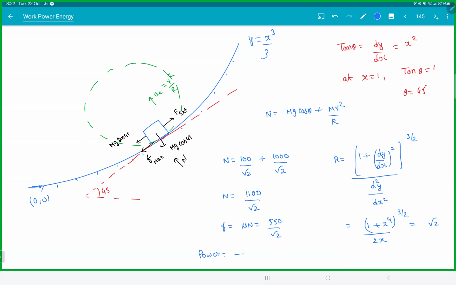Power is F into velocity, both are opposite, so minus 5500 by root 2 watts. The entire question is the same. The only thing is you have to multiply with v in the end. Don't forget this, pretty good question.